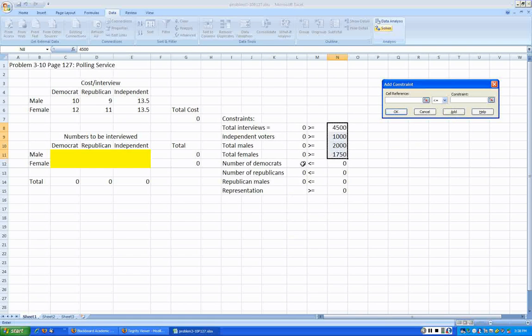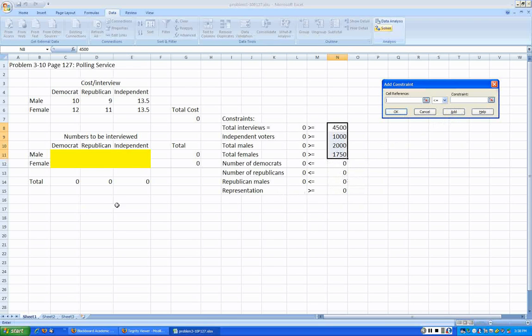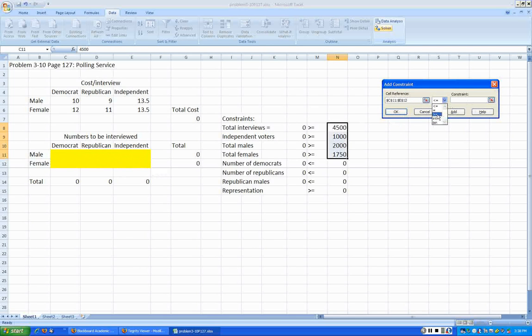The next 3 are less than or equal to. Let me pass that as the block. Add. The last constraint is that each category, that entire range, should at least be greater than or equal to the 10%, which is right there.